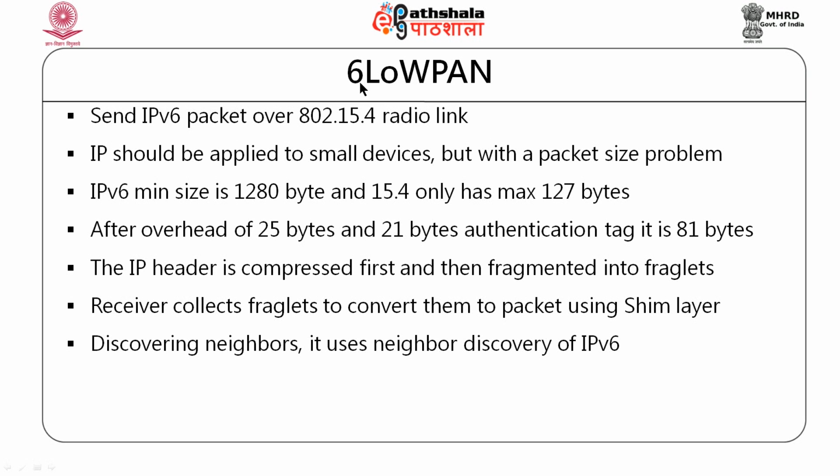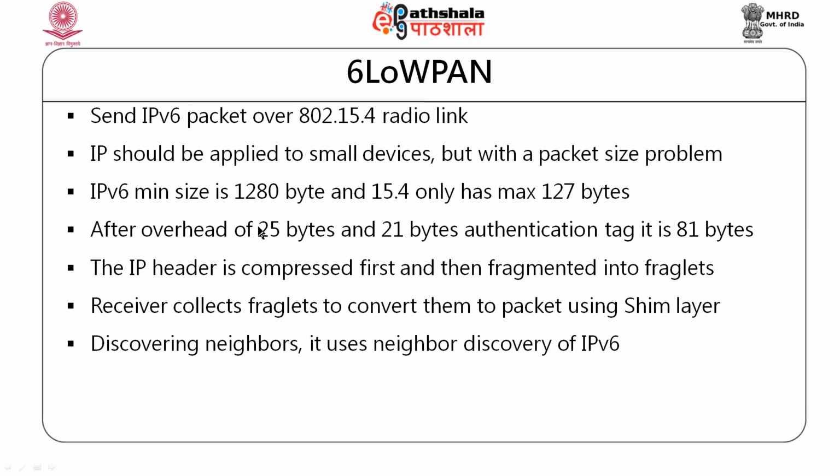IPv6, this is the full name of 6LoWPAN, IP version 6 low power wireless personal area network. What is the job of it? It sends IP version 6 packets over this small radio link. IP should be applied to small devices, but there is the packet size problem I talked about: 1280 is the IP version 6 size, and 802.15.4 can only have 127.